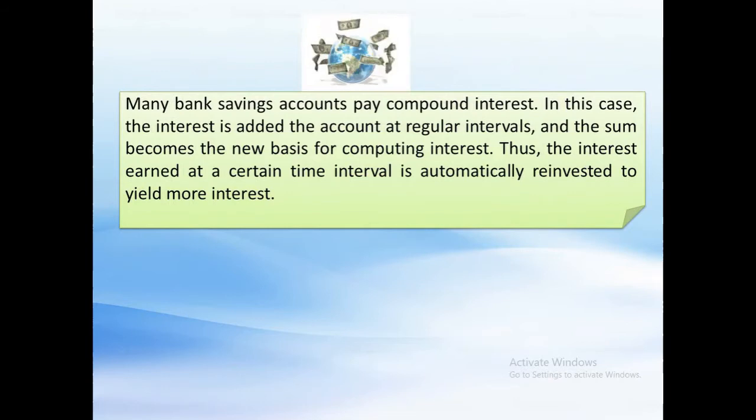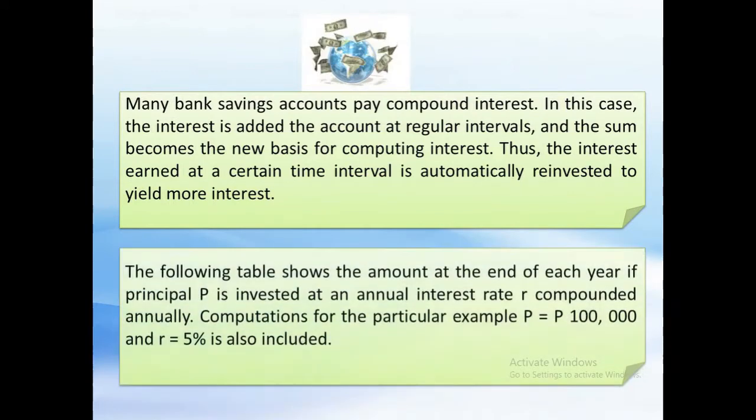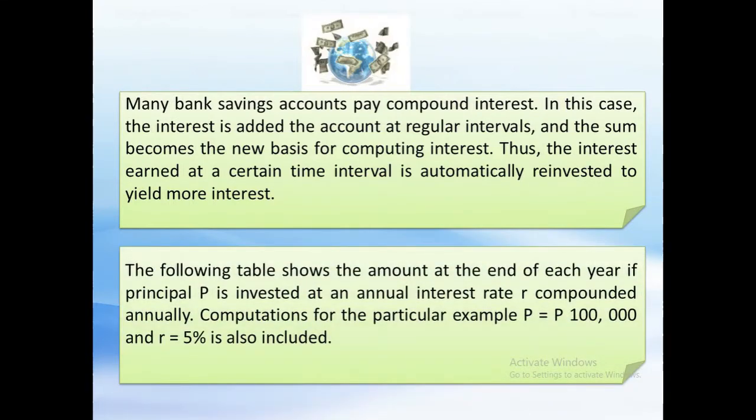The following table shows the amount at the end of each year if principal P is invested at an annual interest rate R compounded annually. Computations for the particular example, P equals 100,000 pesos and R equals 5%, are also included.